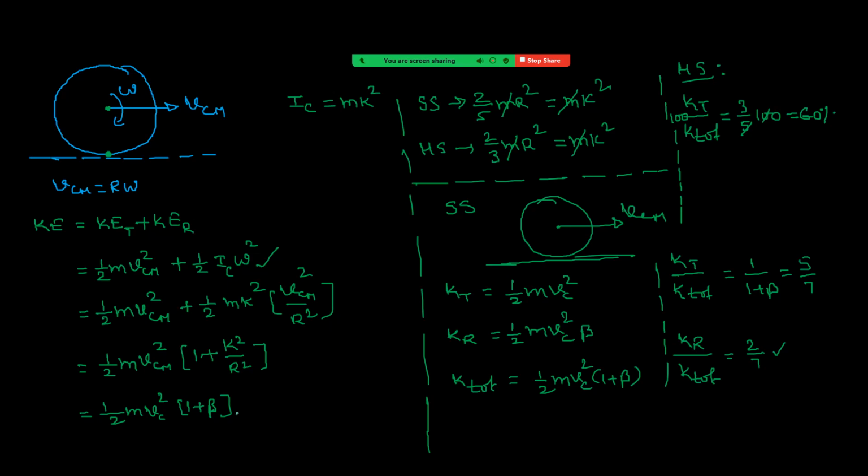Then we got this condition. So while solving problems, we must be very careful. They can ask the fraction of kinetic energy because of translation, how much? Because of rotation, how much? Hollow sphere, because of translation 60%, because of rotation 40%. Right?